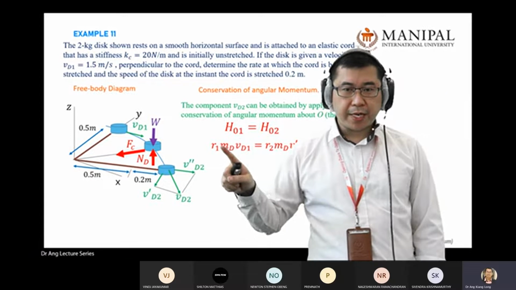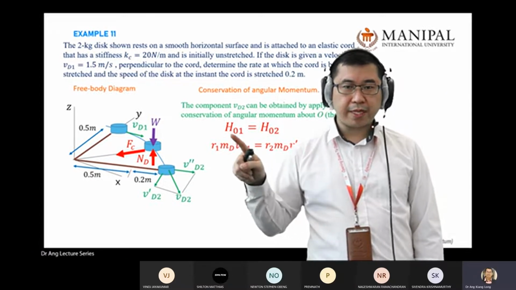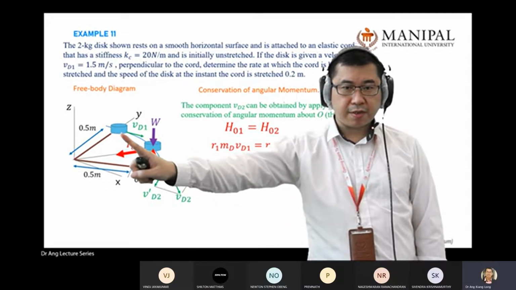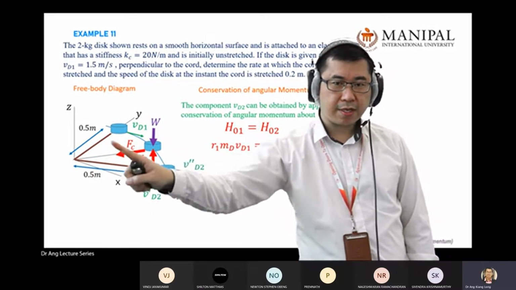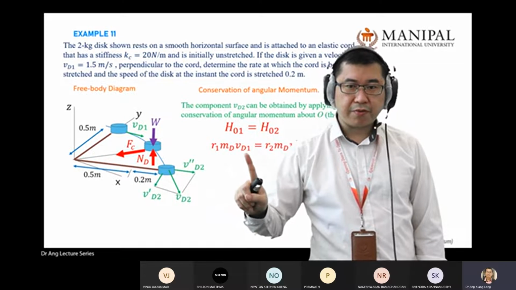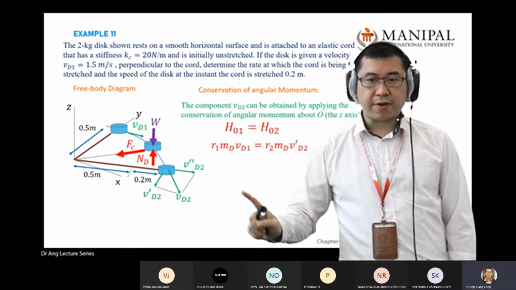Momentum multiplied by the distance. Momentum before: what is momentum? Mass times velocity, here, before, multiplied by r. You have your r1, your m, your vD1. So basically the before side you can calculate.